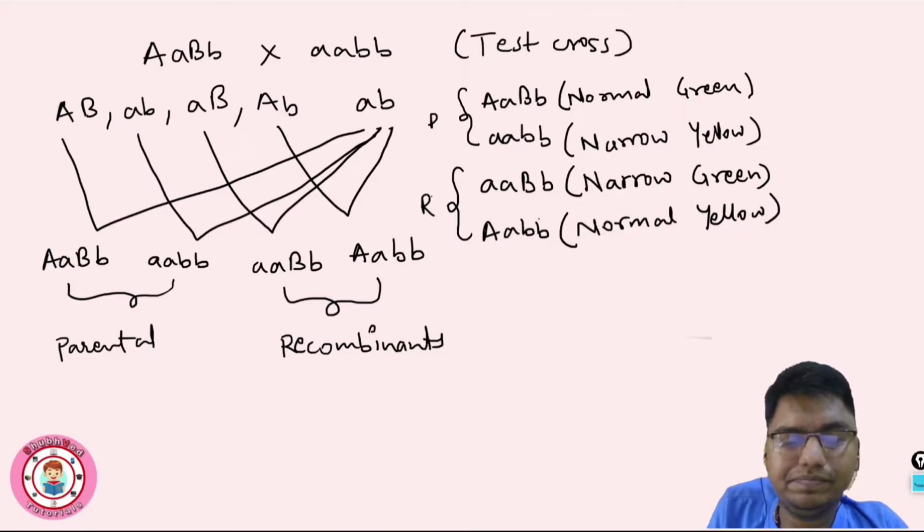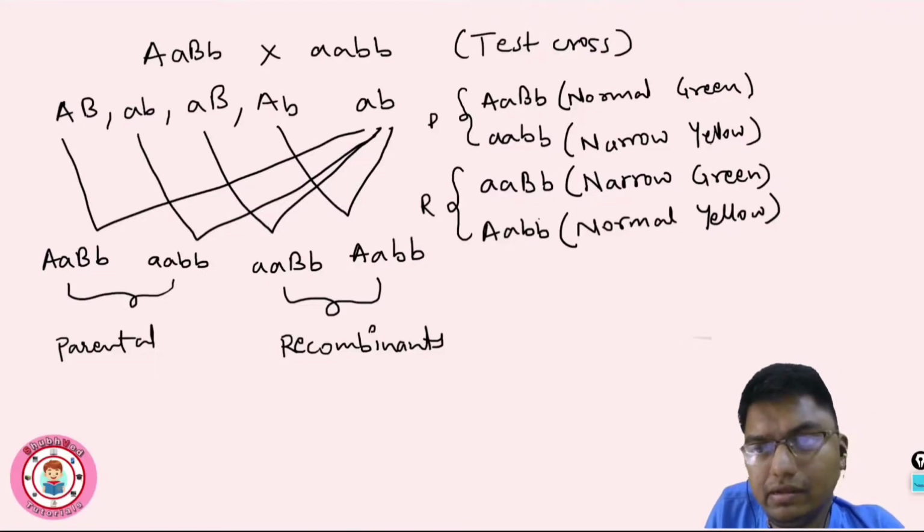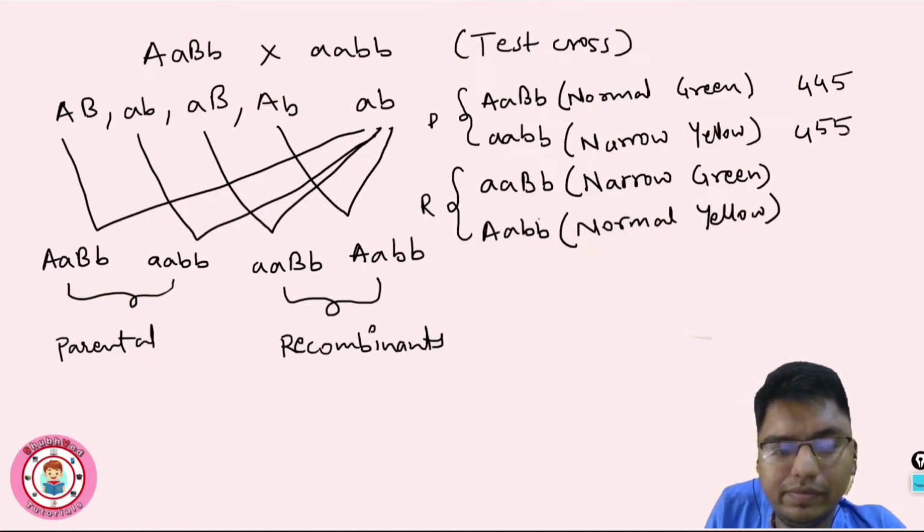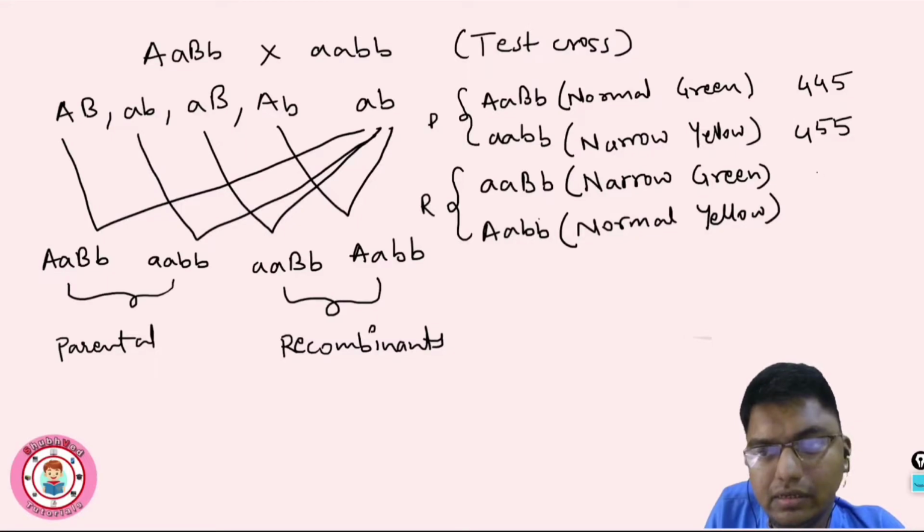Right? And what we are having data here is that 445 and 455 for parentals, and these recombinants 51 and 49.